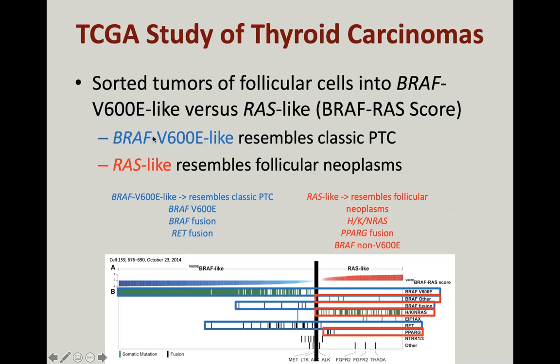So there's true BRAF V600E mutations, and there's BRAF V600E-like genetics that resembles classic PTC. There's RAS mutations and RAS-like genetics that resemble follicular neoplasms. And as I kind of implied before, these are mutually exclusive and essentially non-overlapping in a single thyroid neoplasm. So this is our background, okay?